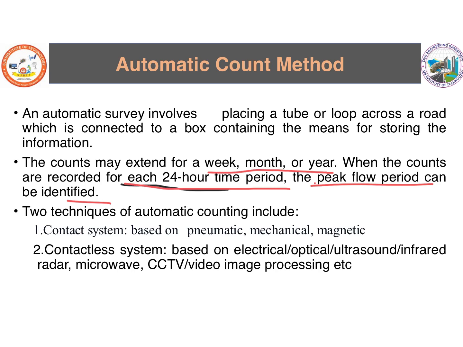The methods we have are the contact system and the contactless system. In the contact system, the instruments record the number of vehicles as soon as the vehicles come in contact with the equipment. In the second, there is no contact between the equipment and the vehicle. The contact system includes pneumatic tube methods, mechanical and magnetic methods.